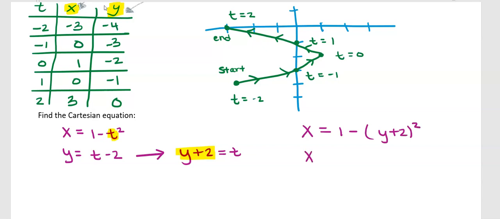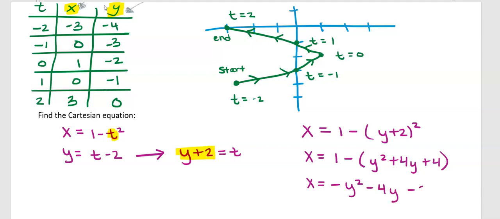If we were to simplify that, we'd get 1 minus y squared plus 4y plus 4. And then we can distribute our negative and combine like terms to get negative y squared minus 4y minus 3. So this would be our Cartesian equation.